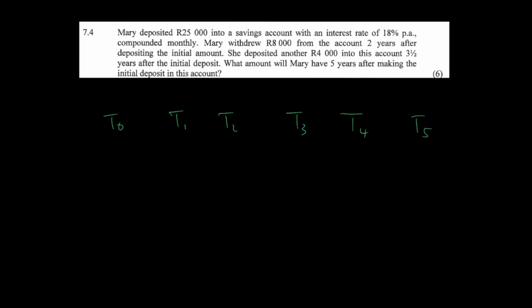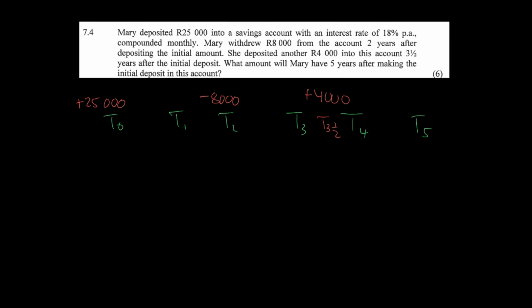So she deposits 25,000 Rand in the beginning, so that's 25,000 Rand deposited at T0. 2 years later, so at T2, she withdraws 8,000 Rand. So we will write minus 8,000 above T2. And then at T3.5, she ends up depositing another 4,000 Rand into the account. So we will record that as follows.